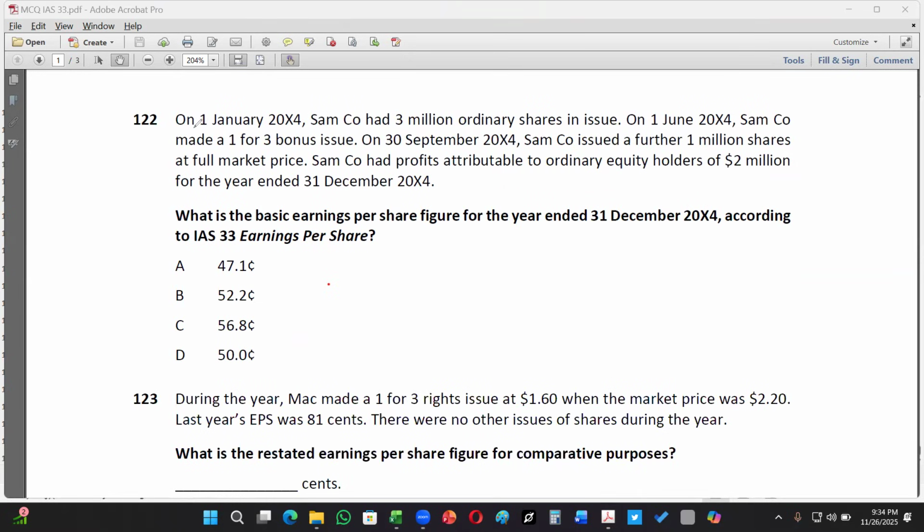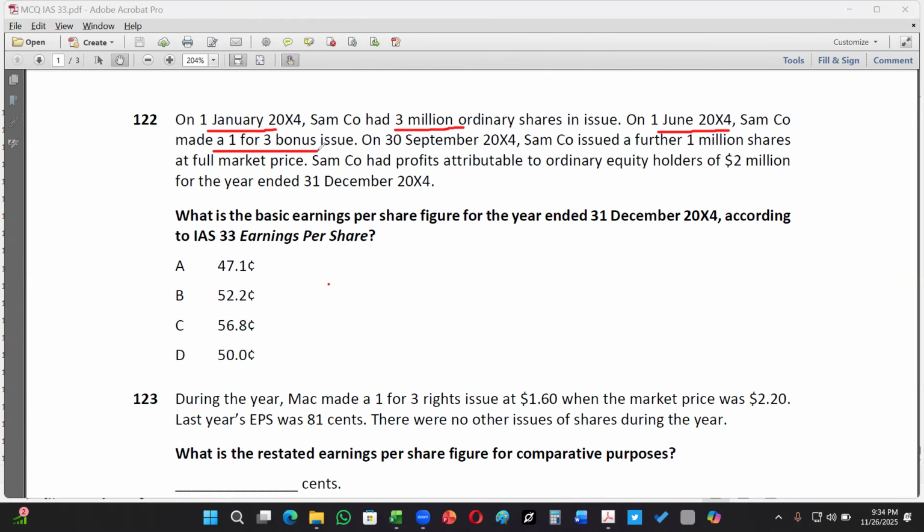Here we go. On 1st of January 20x4, the start of the year, we had 3 million ordinary shares in issue. And on 1st of June 20x4, during the year, we made a 1 for 3 bonus issue. This calculation is a bit easier because there is no problem with the theoretical ex-rights price.